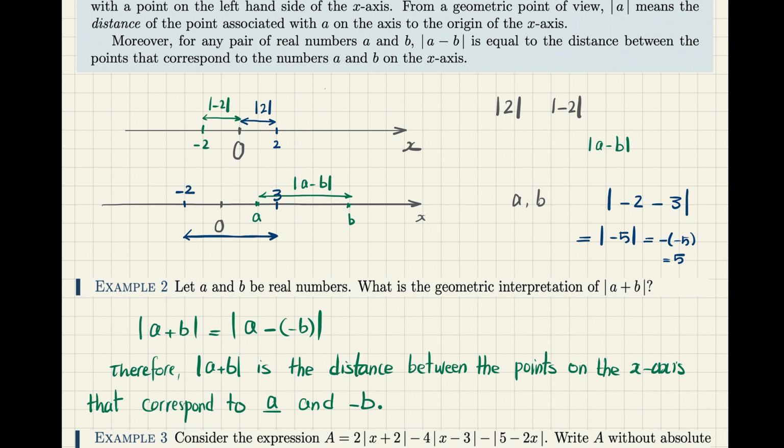So whenever you want to interpret the distance between 2 points as an absolute value, the sign between them should be negative. If it is negative, you can immediately interpret it as a distance between 2 points A and B, but if it's positive, you need to use this trick to change it to the negative sign.